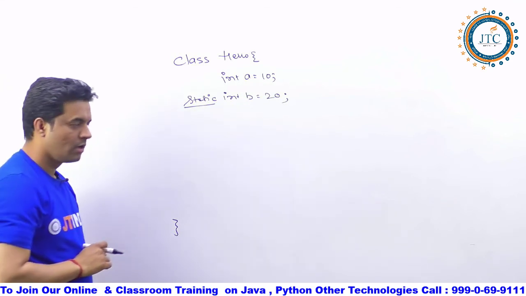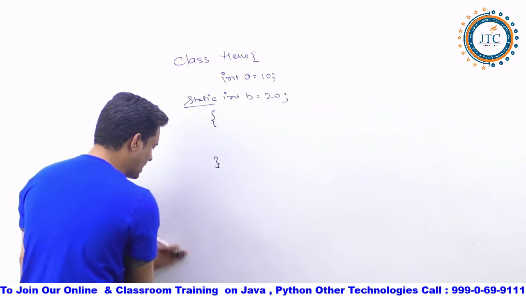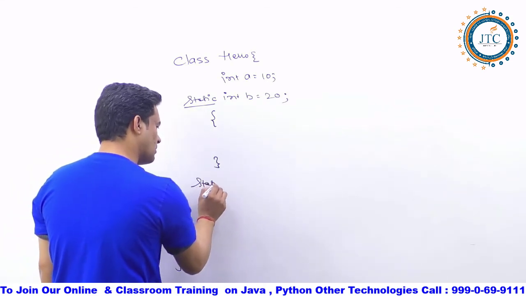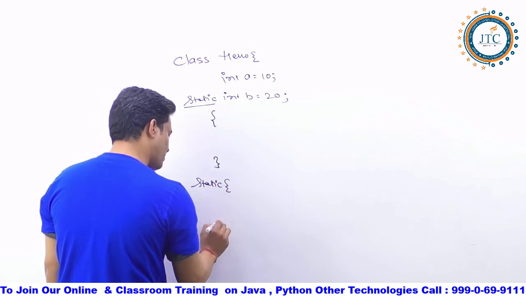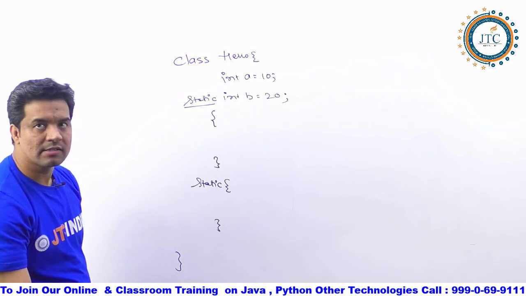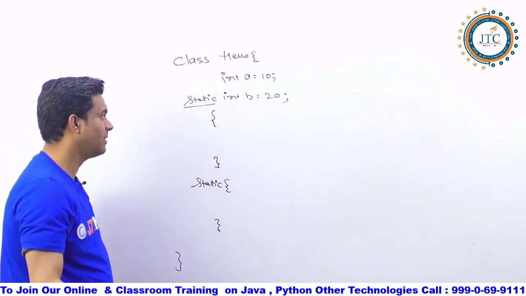Now here one instance block I have declared, and one more, which is the static block. So one is an instance block, and the second is the static block. These two things we have.